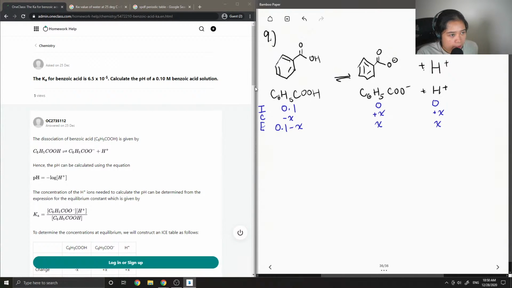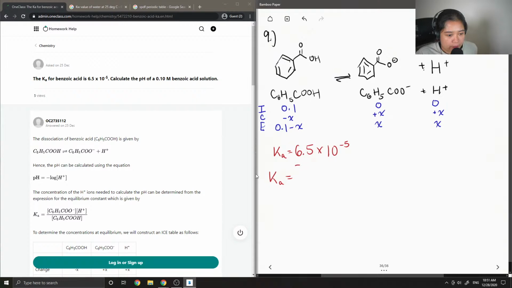Okay, so they give us the Ka value, which is equal to 6.5 times 10 to the negative 5. And the Ka value can also be expressed in terms of the concentrations.